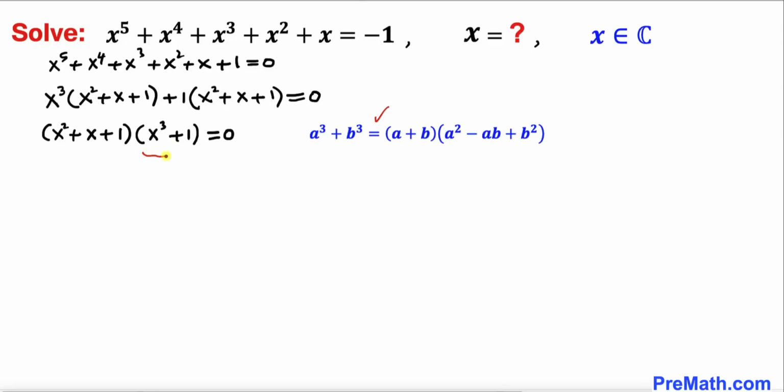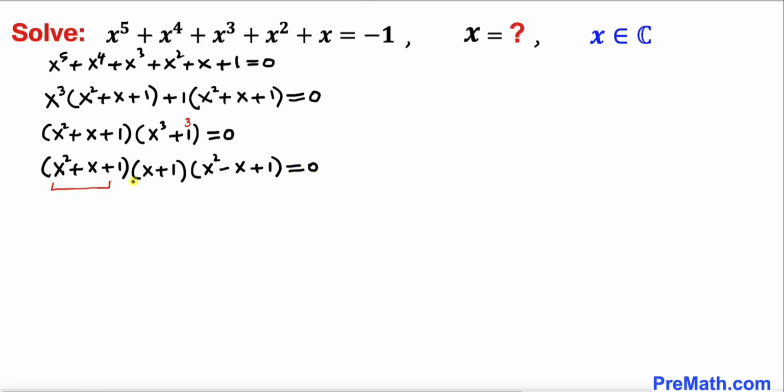Let's focus on this part here. 1 can be written as 1^3. The first polynomial I'm going to leave as it is, x^2 + x + 1. For this polynomial we use the identity, which gives us (x + 1) times (x^2 - x + 1) equals 0.